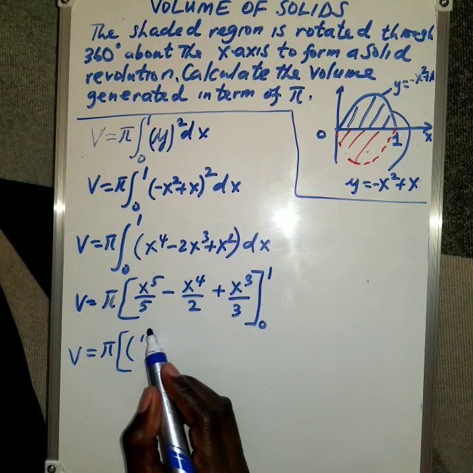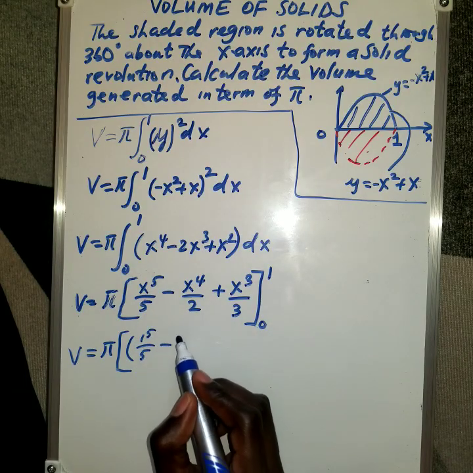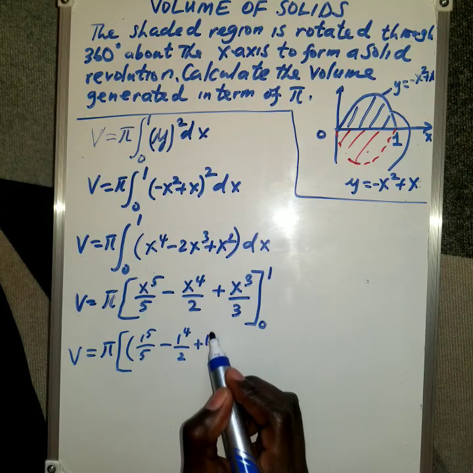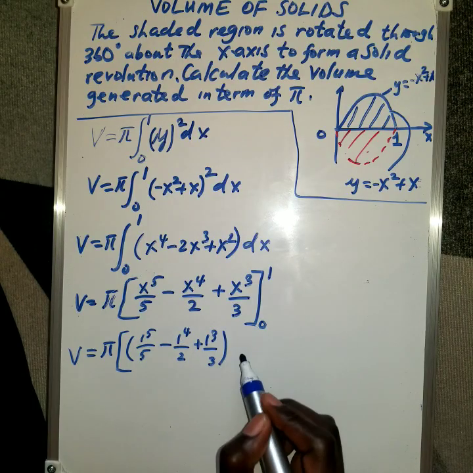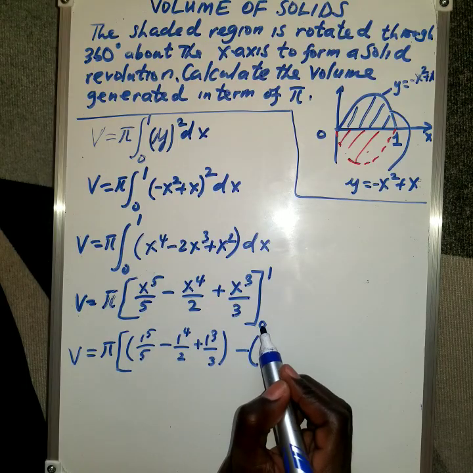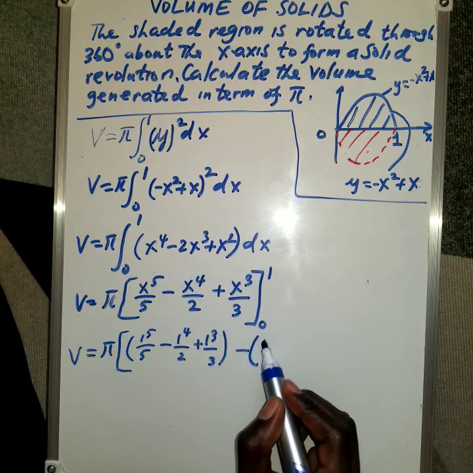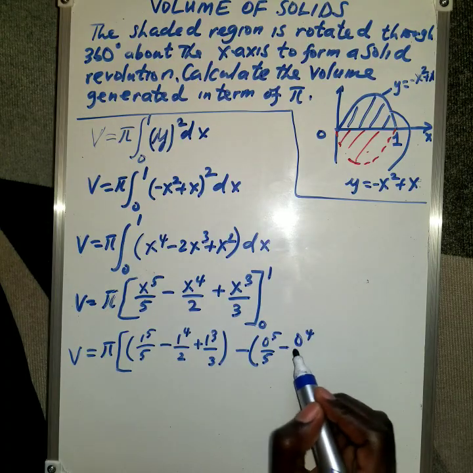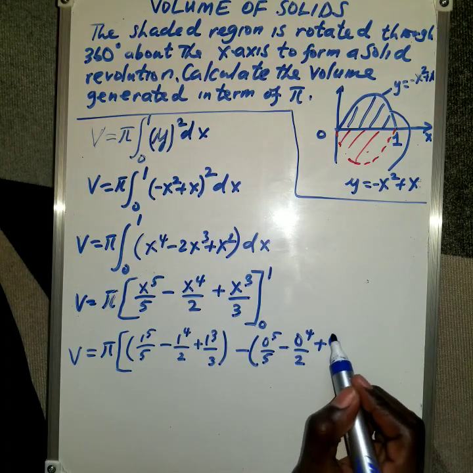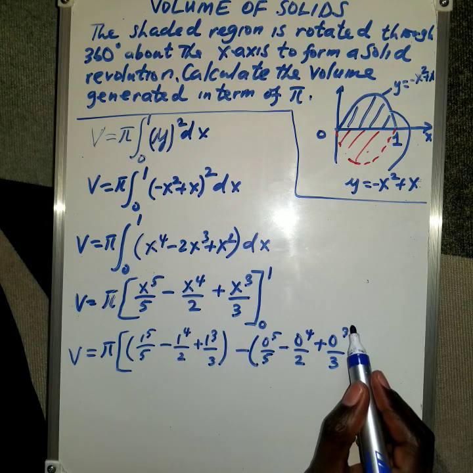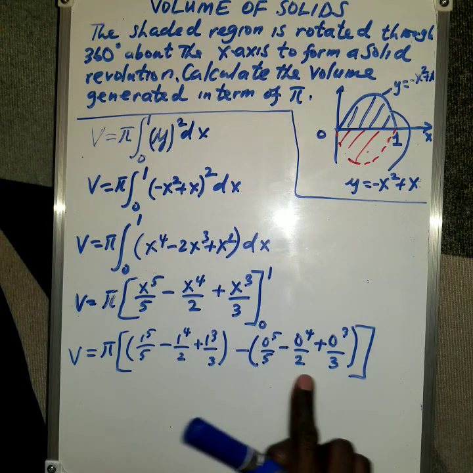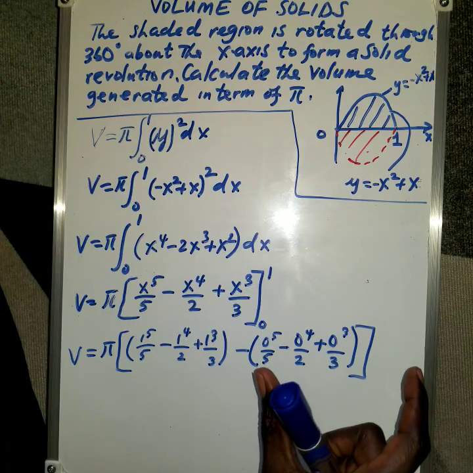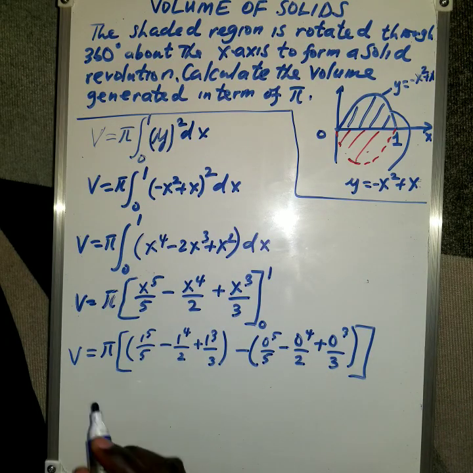So it will be 1 to the power 5 over 5 minus 1 to the power 4 over 2 plus 1 to the power 3 over 3, minus the lower limit where there's x we substitute with 0, so it will be 0 to the power 5 over 5 minus 0 to the power 4 over 2 plus 0 to the power 3 over 3. I've just written this because all these will give me 0. I would have just ignored that, but for the sake of teaching you, this is why I'm showing that.